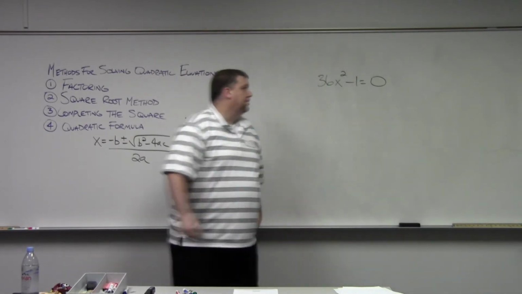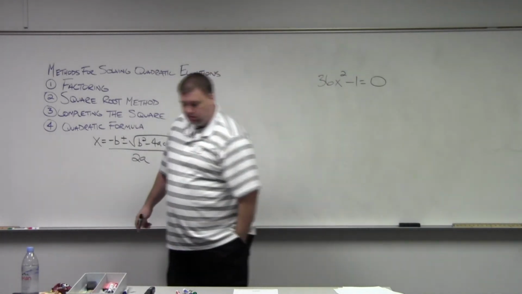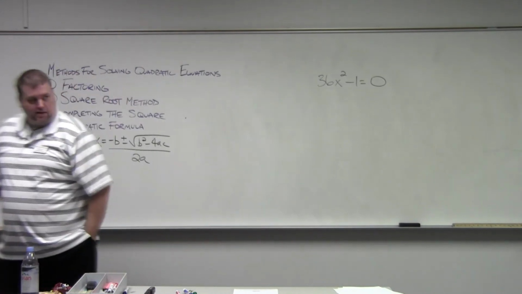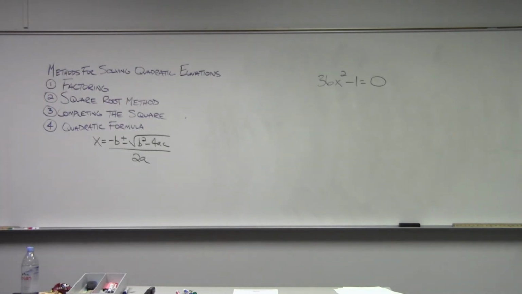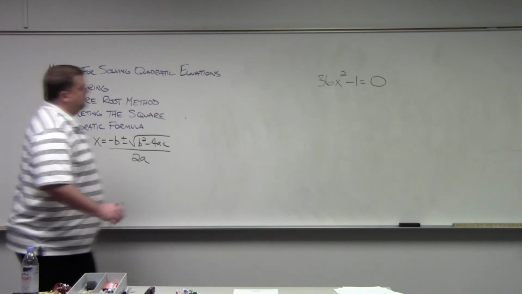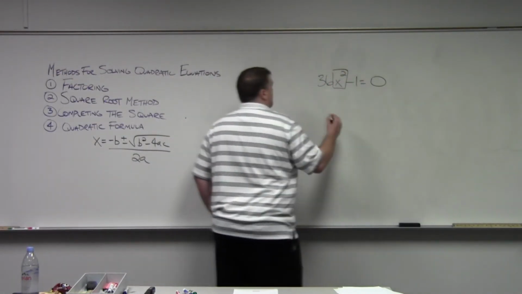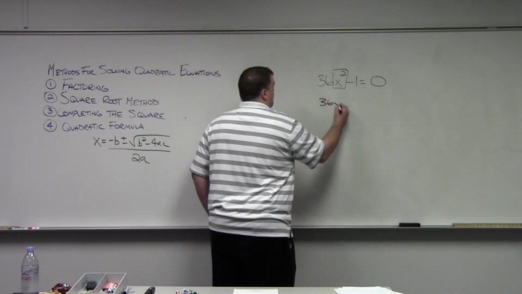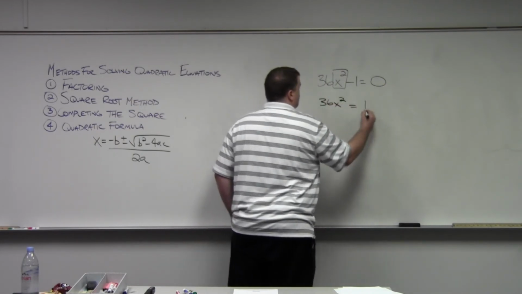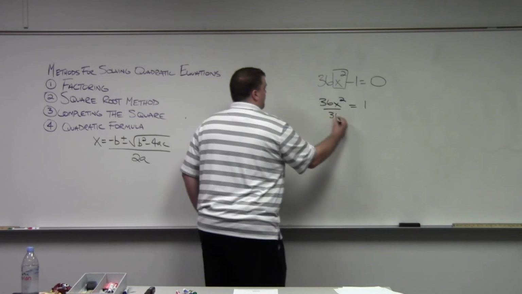The next one says 36x squared minus 1 equals 0. Any ideas on how to approach that one? You could do the square root method. So I could add 1 to both sides, and then divide by 36.